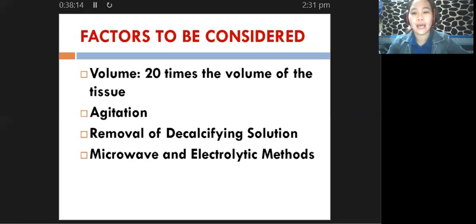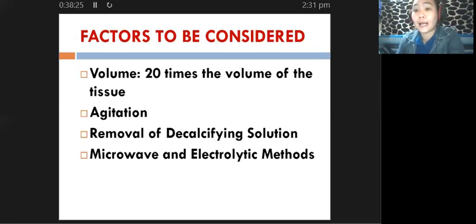In contrast, when we say decalcifying methods, these are the different procedures that we can perform for decalcification or demineralization. You can use acids, and you can use chelating agents.